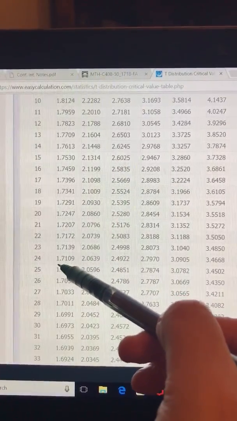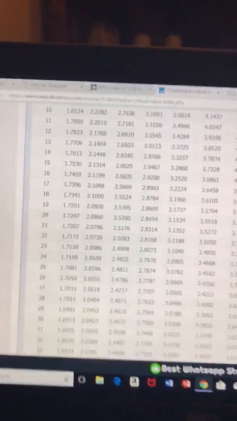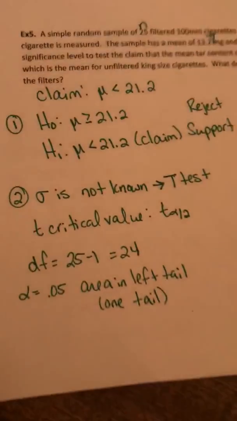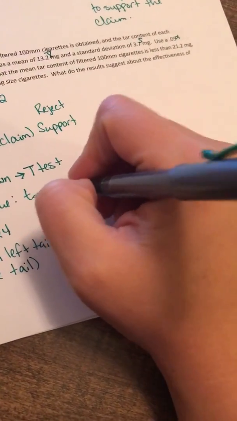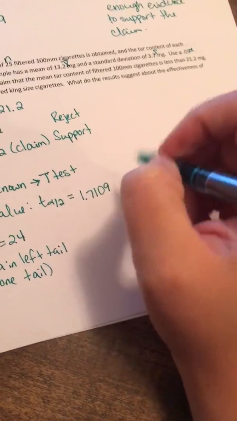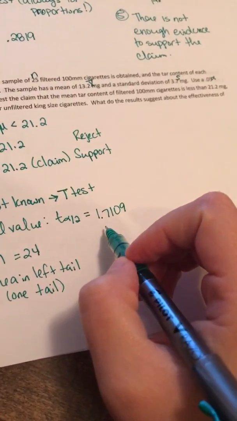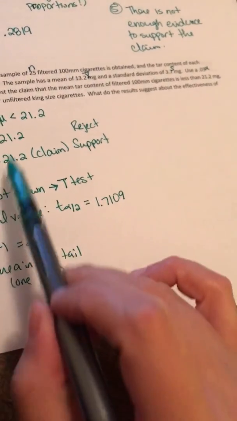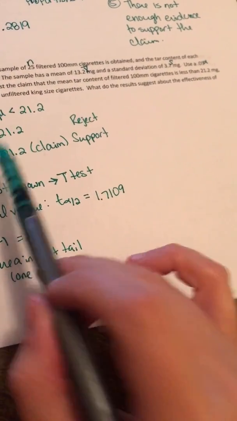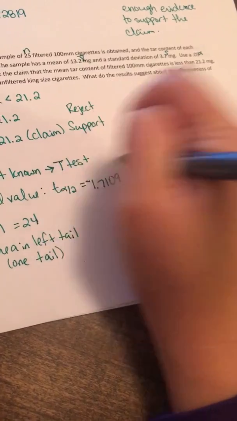It says 1.7109, which is fine. So this would be 1.7109, but you have to remember for T charts, it gives you all positive numbers. If this is on the left-hand side, then this is a negative.